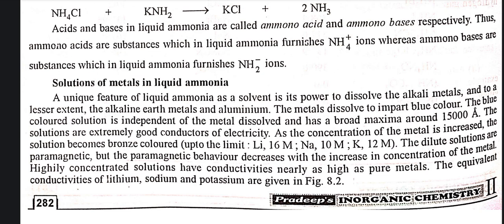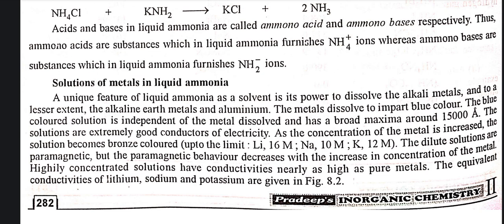As the concentration of the metal is increased, the solution becomes bronze colored. The dilute solutions are paramagnetic, but the paramagnetic behavior decreases with the increase in concentration of the metal. Highly concentrated solutions have conductivities nearly as high as pure metals.